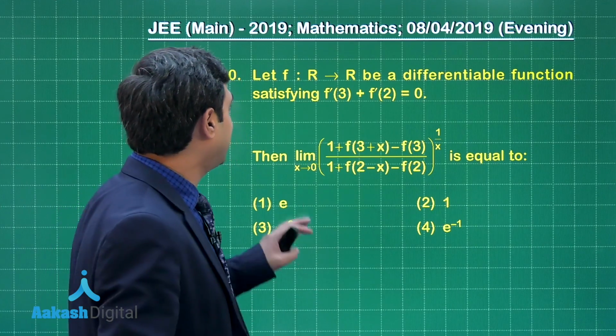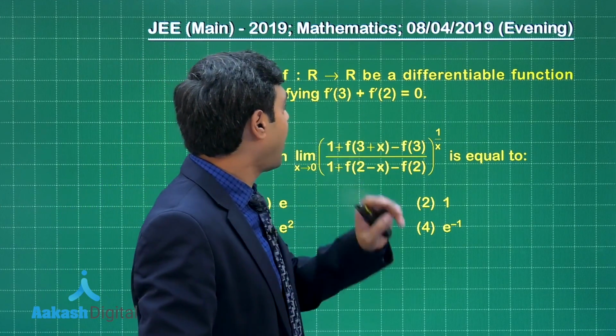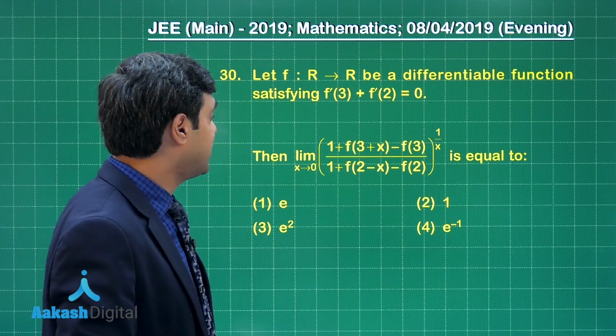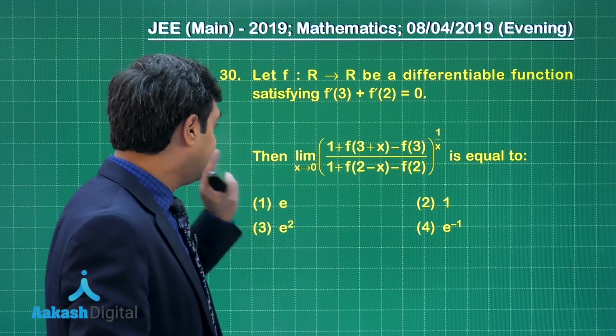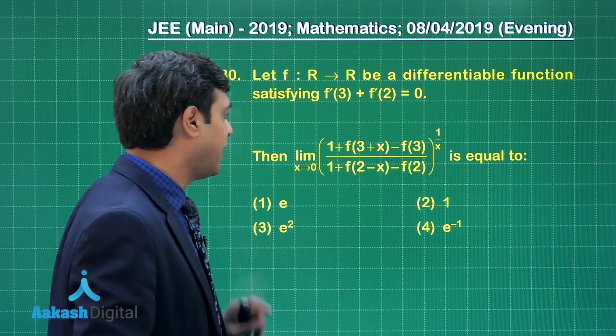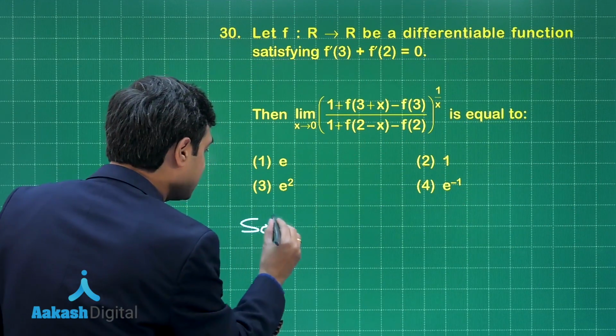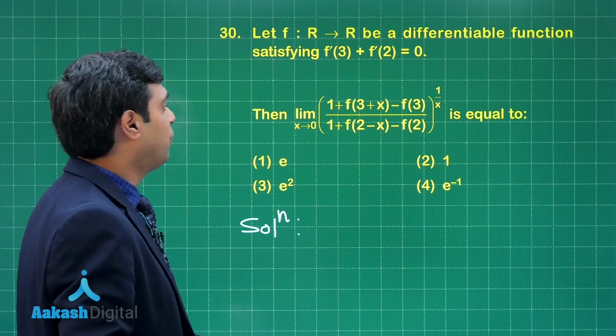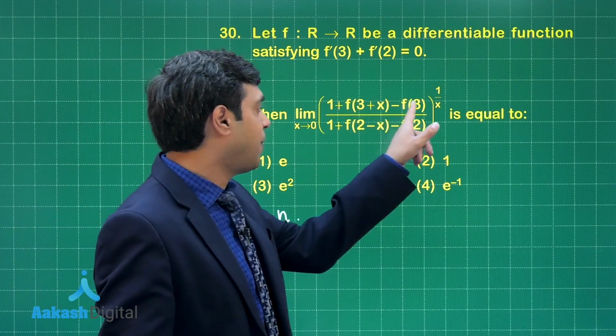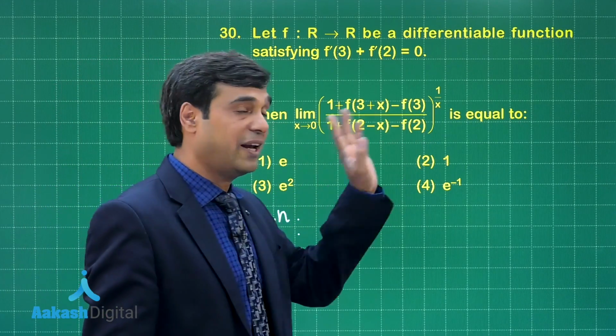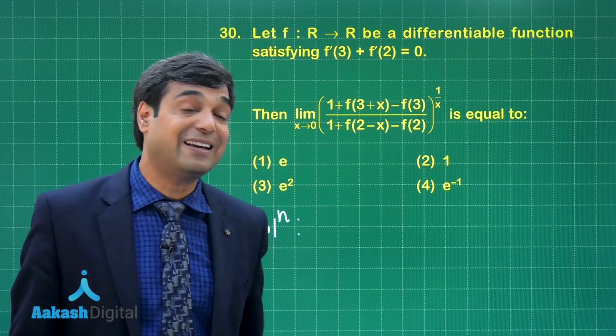So let's take the last question of this paper. Let f from R to R be a differentiable function satisfying this equation. Then we have to find the limiting value of it. So let's check this one. If we substitute x approaching 0, we observe (1 plus f(3) minus f(3)) upon (1 plus f(2) minus f(2)). So it is 1 to the power infinity form.